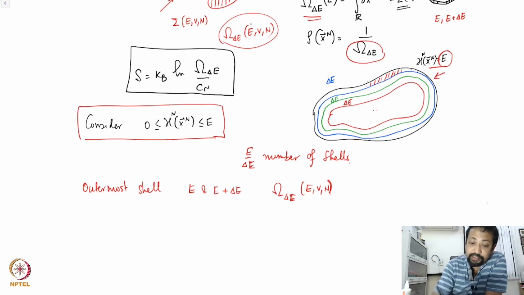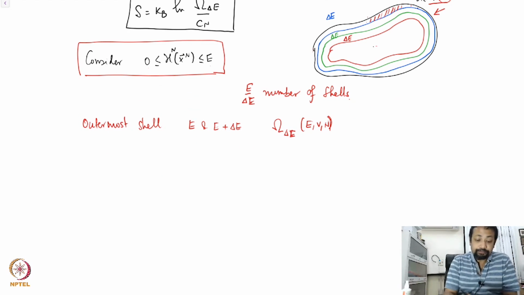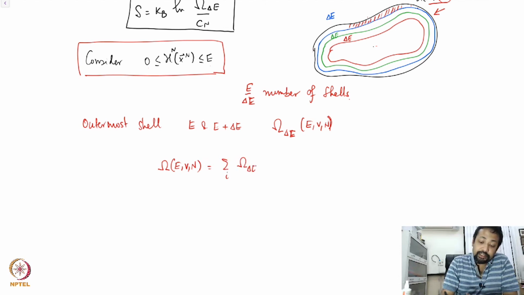Because this is exactly the quantity we have been dealing with earlier. So this is the shaded volume that we are referring to. Now, the total volume omega E V N, which is contained by this hypersurface, is the sum over i of omega delta E, E i, comma V, comma N.